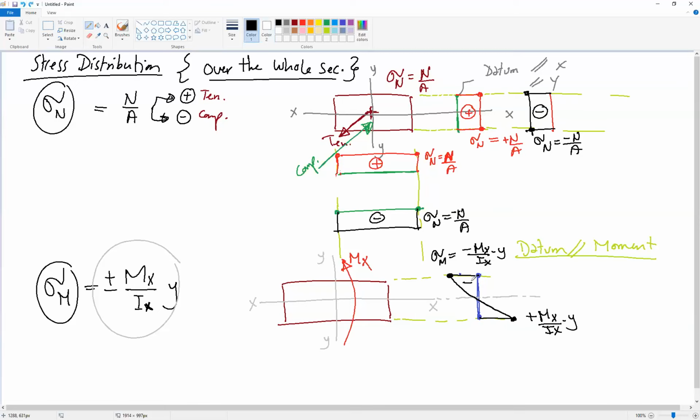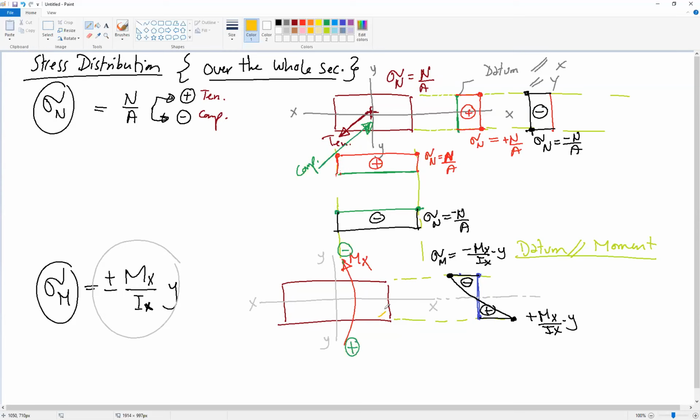And this side is under compression and this side under tension, because if we return to the previous slide, we said that the head of the moment causes compression and the tail of the moment causes tension.